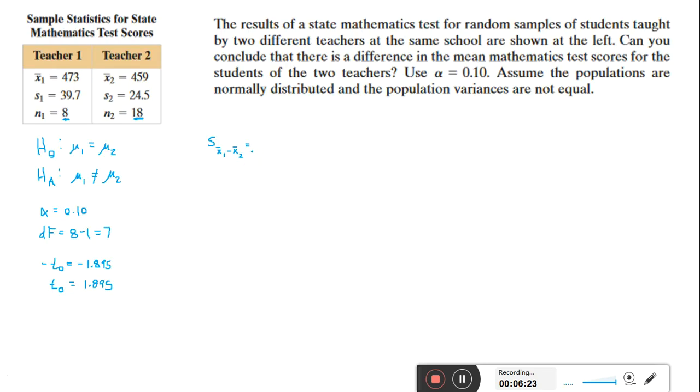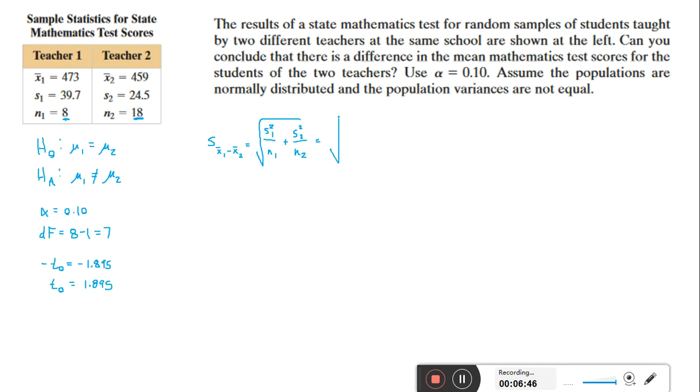Okay? So our formula is going to be, and remember, I would like you to write it out just so you become more familiar with it, the standard deviation of the first teacher's student population squared plus the standard deviation of the second teacher's population squared.